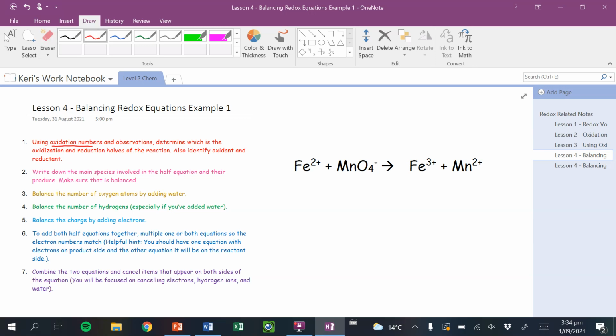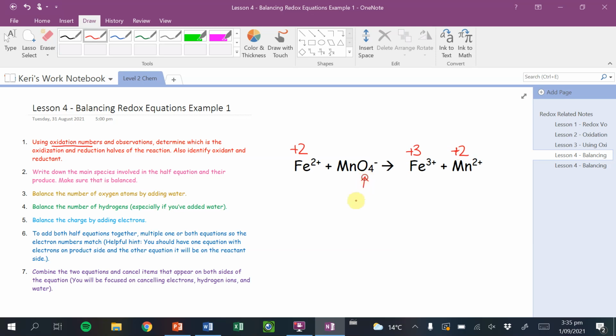So let's go through and label everyone's oxidation numbers as I work. Iron 2 is an ion. It's monoatomic, so its oxidation number is the same as its charge. I see that there's iron 3 over here, so I'm annotating it down here. I see that manganese is also its own ion by itself, so I'm giving it a positive 2. And the last thing that I have is my permanganate, and we're going to have to do some oxidation math when I look at that.